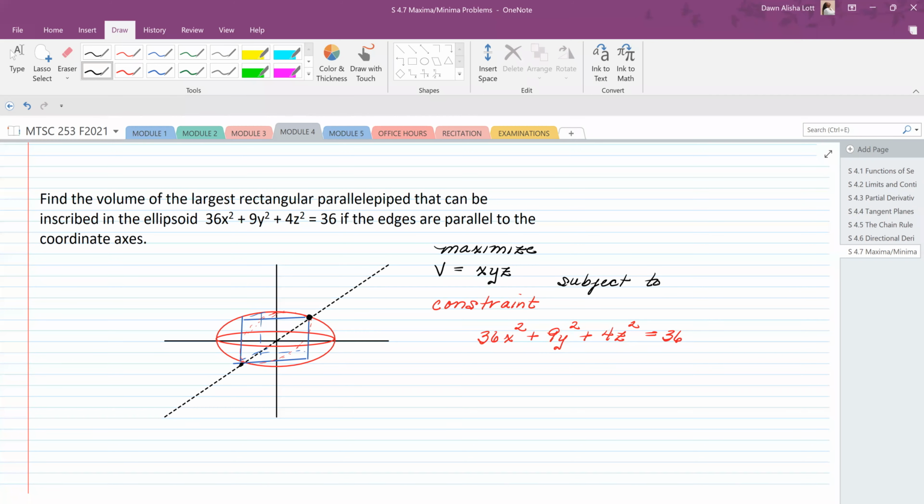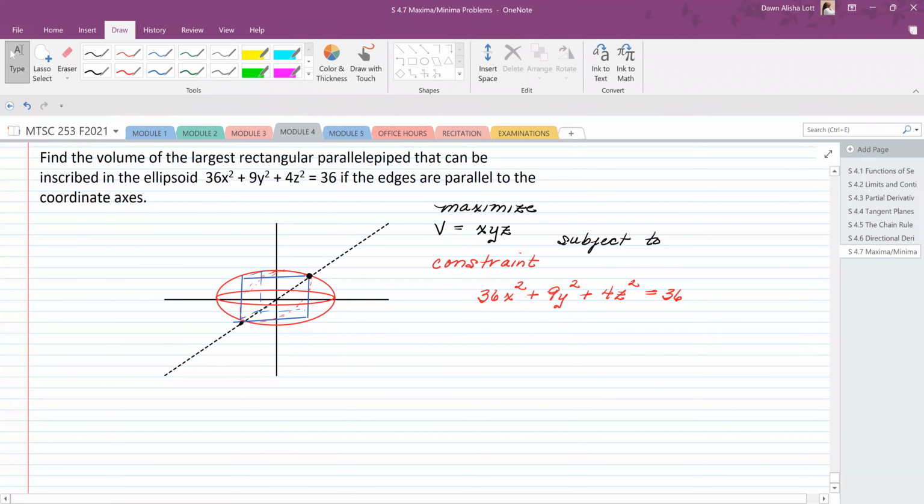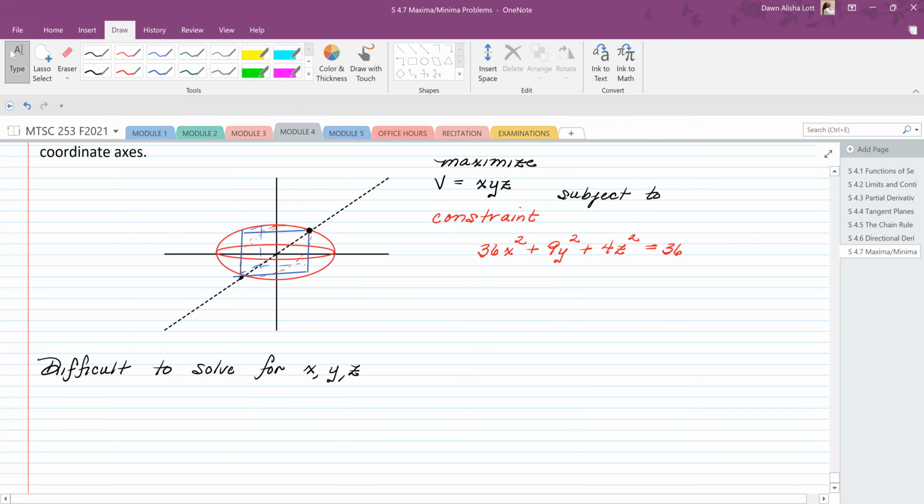The reason is that it's going to be hard to solve for X, Y, or Z. It's not hard, it's just ugly to solve for X, Y, or Z. Doesn't matter which one you pick, I'm going to choose Z. So 4Z squared is 36 minus 36x squared minus 9y squared.